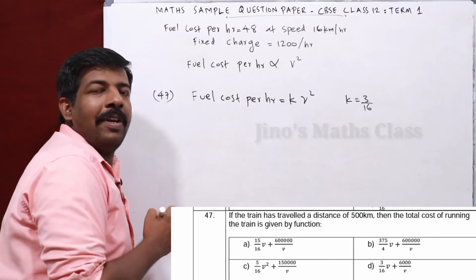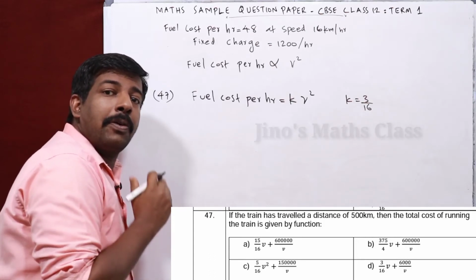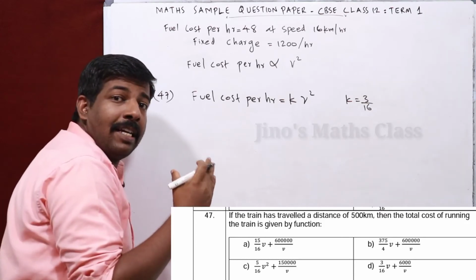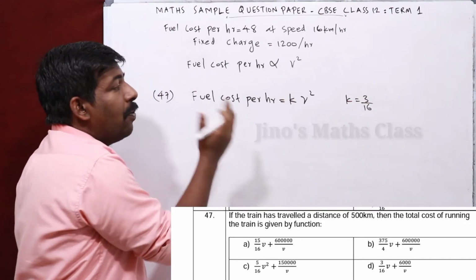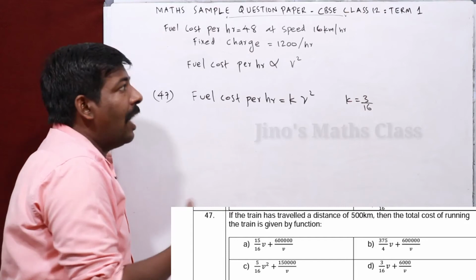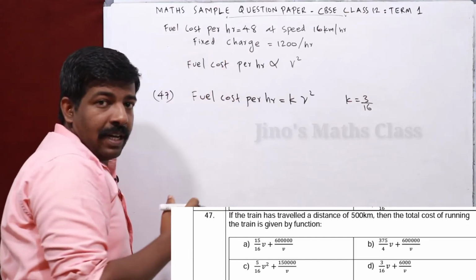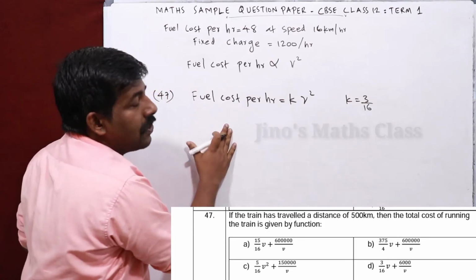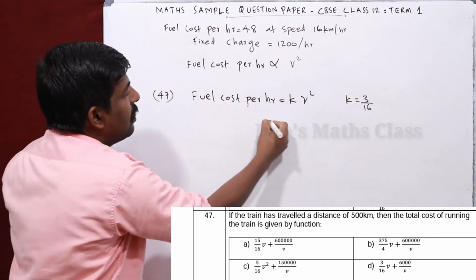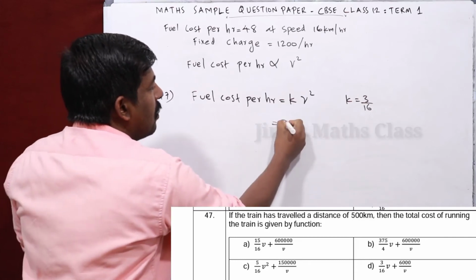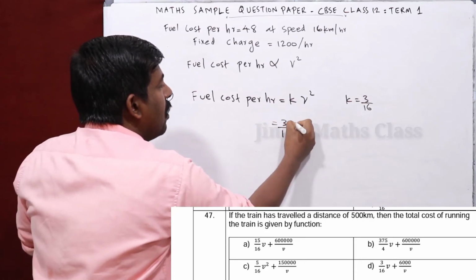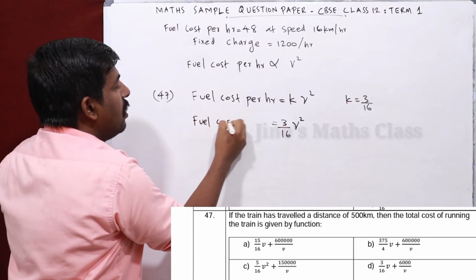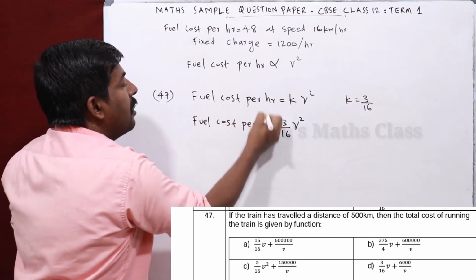Question number 47. Here they are asking to find the total cost for traveling 500 km. For that, we have to find the fuel cost for 500 km, and we have to add the fixed charge, right? So now we can substitute k is equal to 3 by 16. So the fuel cost per hour is now 3 by 16 of v square, right?